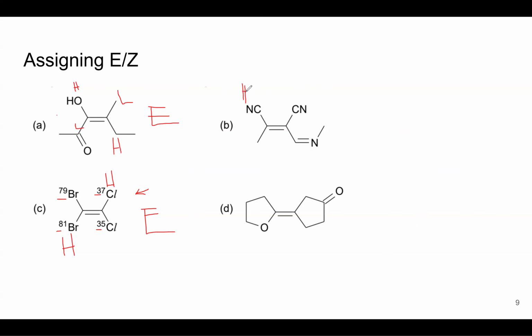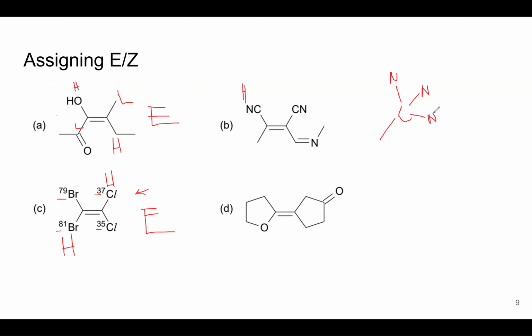Oh, this will be a good opportunity for me to talk about ghost atoms. Let's take a look at this. If we expand this branch, it's basically carbon. You used to have this carbon triple bonded to nitrogen, but because we're assigning priorities, we can just expand this.